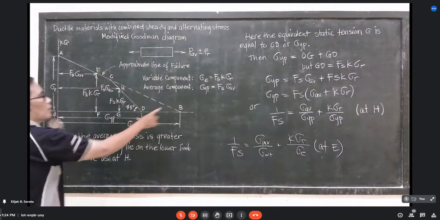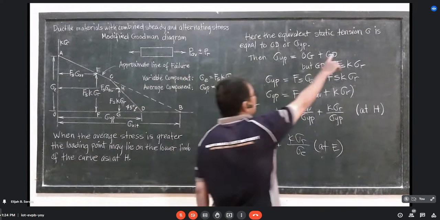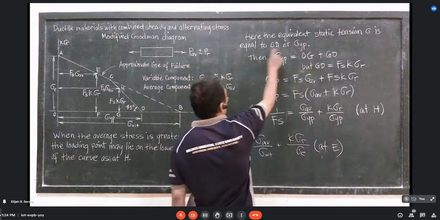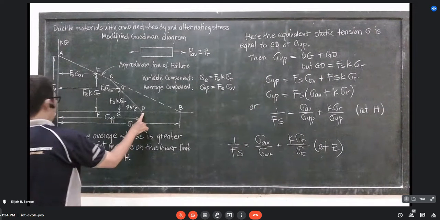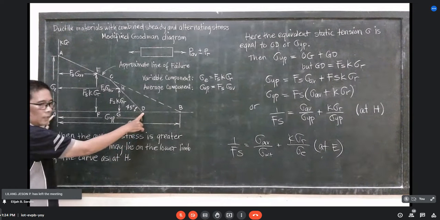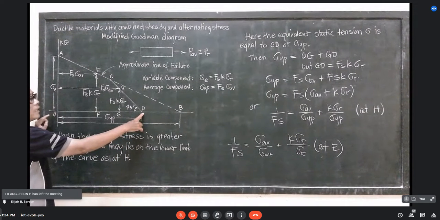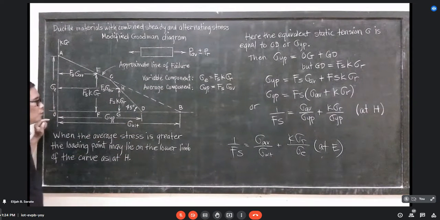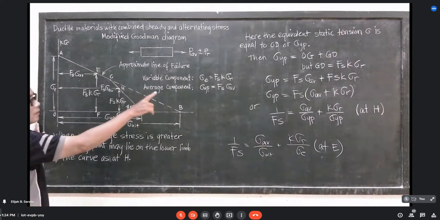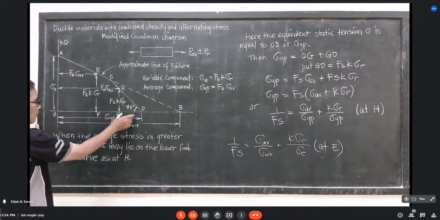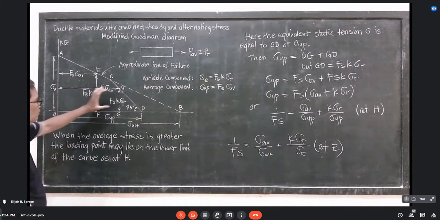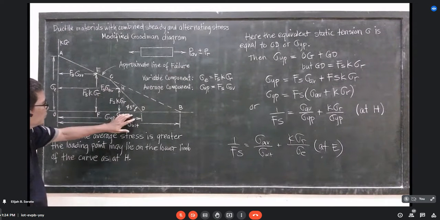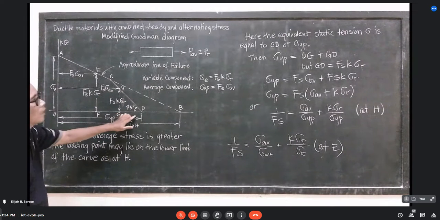The equivalent static tension sigma is only up to the yield point, from O to D. So, we say that first, since this is a 45-degree angle, this is equals to GD.